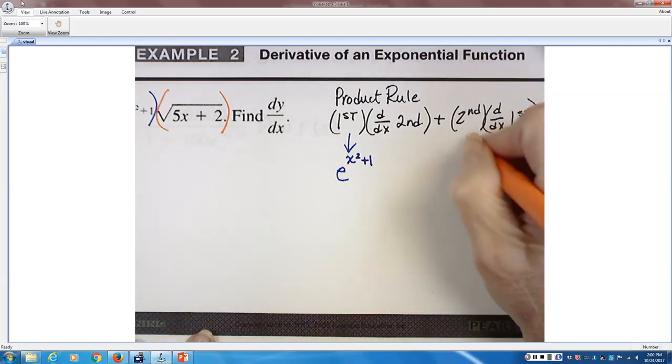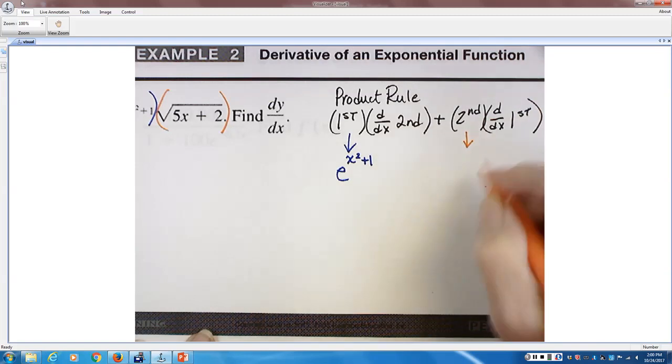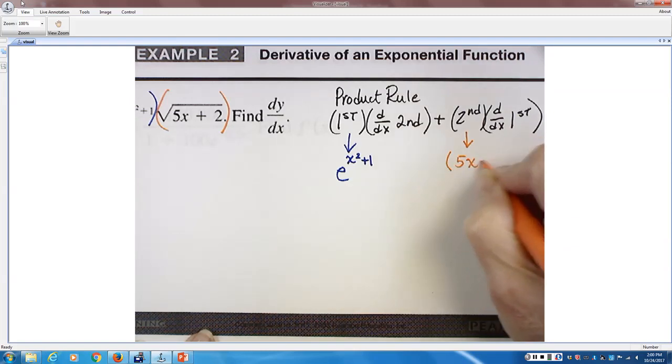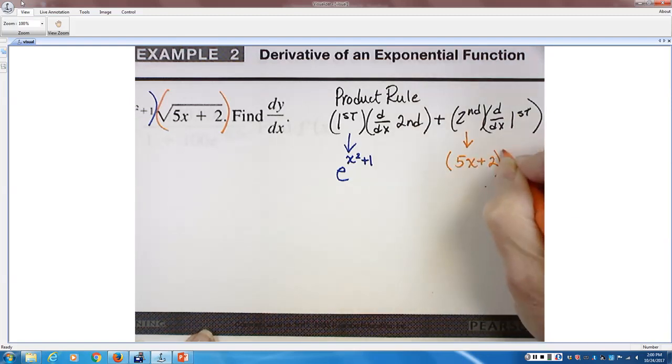This is the second factor. And it would be easier to write that radical with a 1/2 power. Okay?